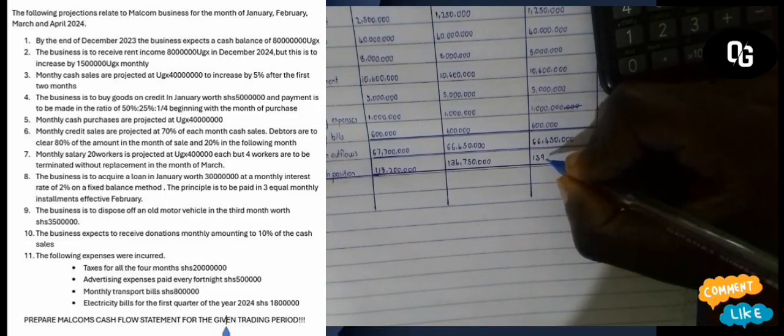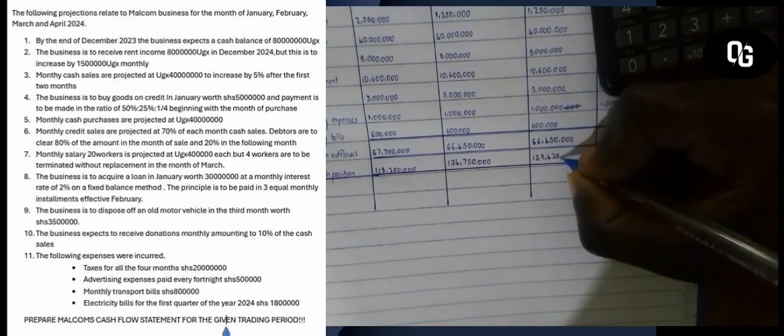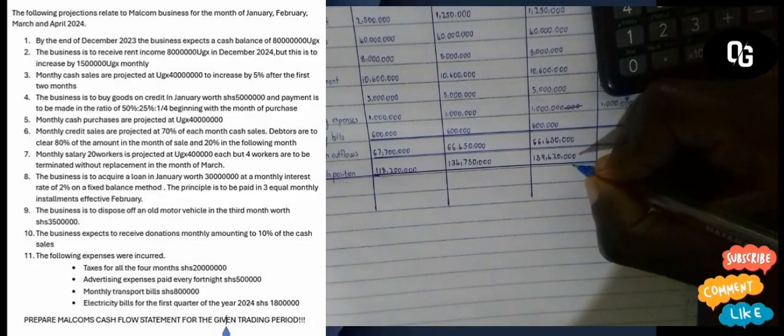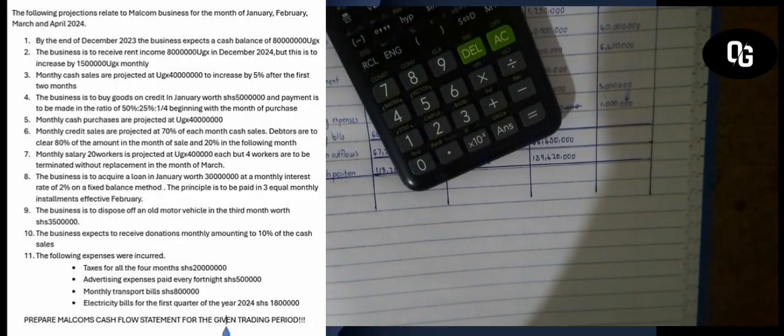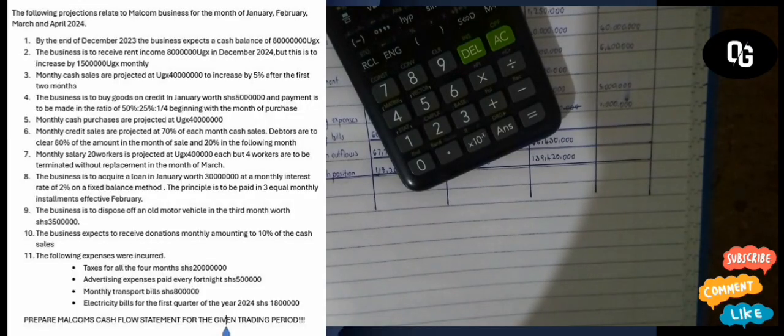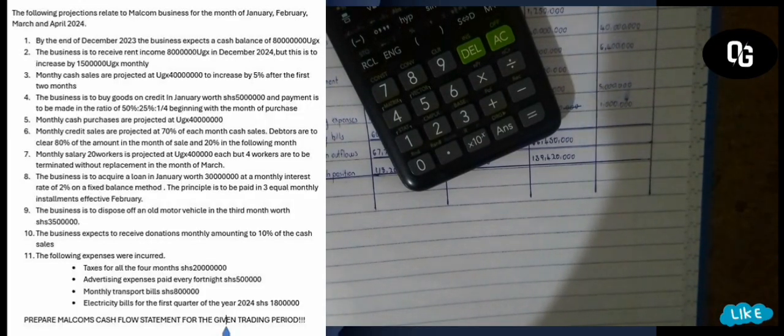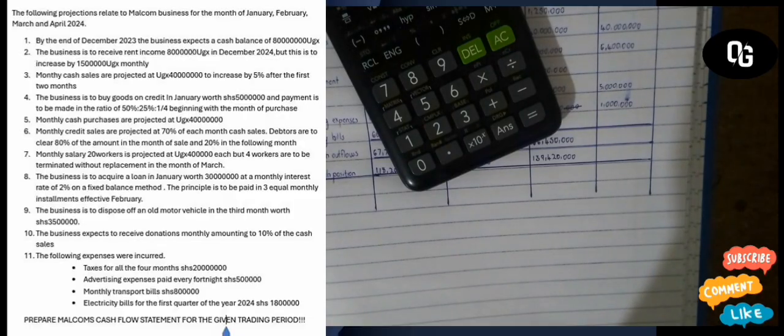So when we subtract the cash outflows from the cash inflows, we get 159,420,000. So we take this to the next month as our balance brought down, 159,420,000.